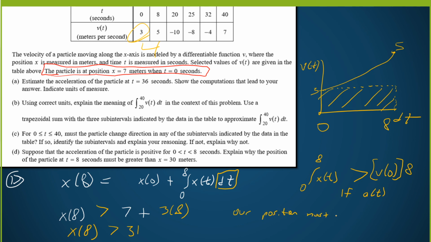Our position must be greater than 30 at t equals 8 if a of t is positive.